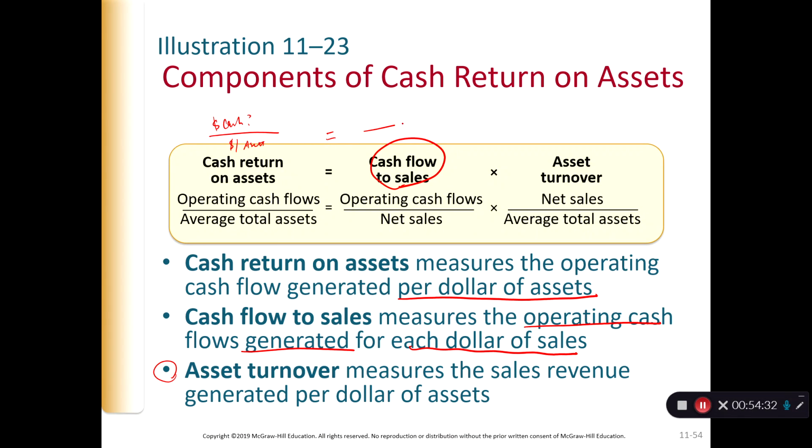It equals $1 of sales, how much cash I can generate, multiplied by $1 of assets, how many sales I can generate. So the ability of sales to transfer to cash, multiplied by the ability of assets to transfer to sales, equals the ability of the asset to convert to cash flow. This is the deeper meaning of cash return on assets.